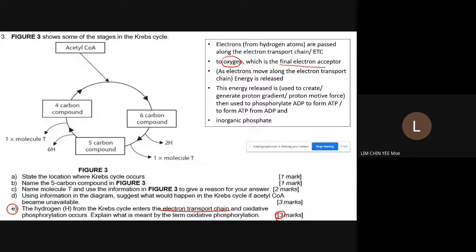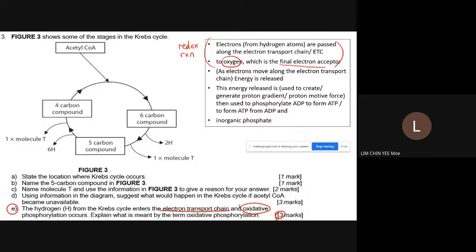Sebab dia nak tahu oxidative phosphorylation, so kita bagi tahu redox dulu. Melalui redox reaction produce ATP. So bagi tahu dulu redox reaction berlaku dekat mana, dari apa sampai mana. So electrons along the ETC until oxygen, which is the final electron acceptor. Done. Ini dah terangkan ada redox reaction, ada oxidative part.